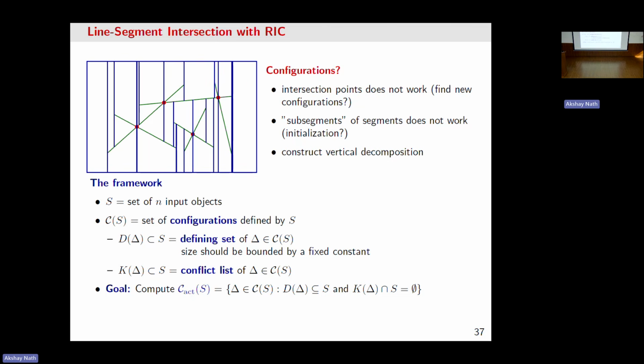If you have J segments, then the vertical decomposition is order J. You can prove it using Euler's formula or something. Is that true? I hope at least somebody doesn't believe me. The order J bound.